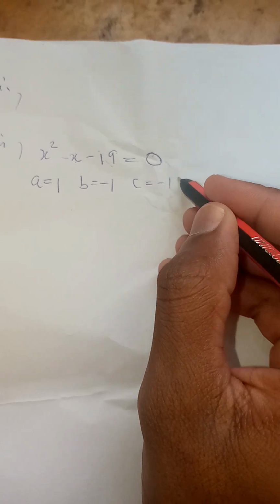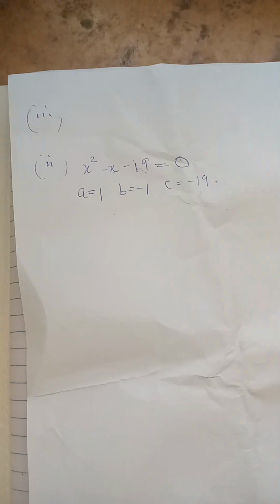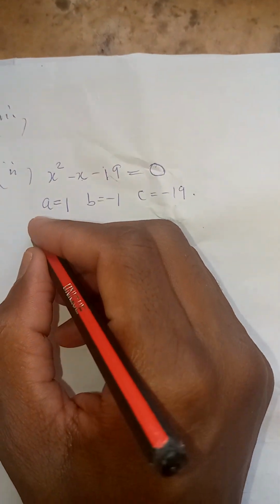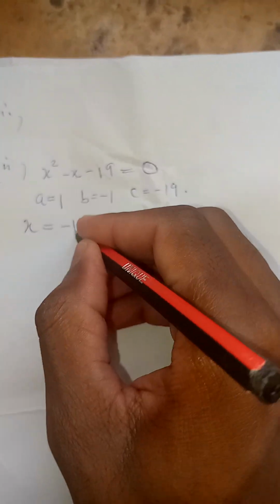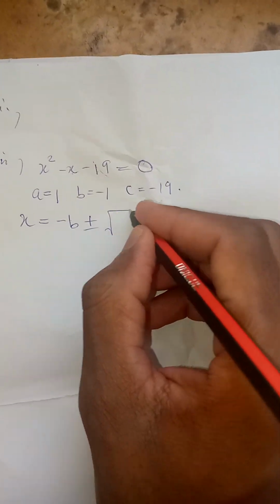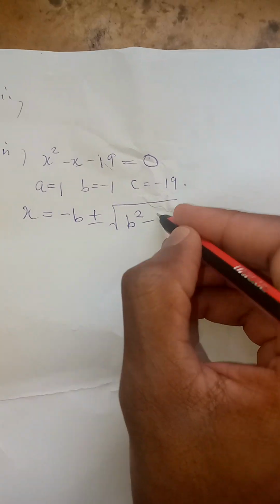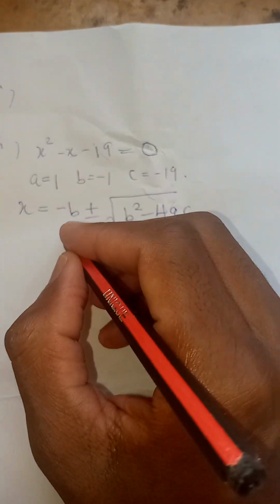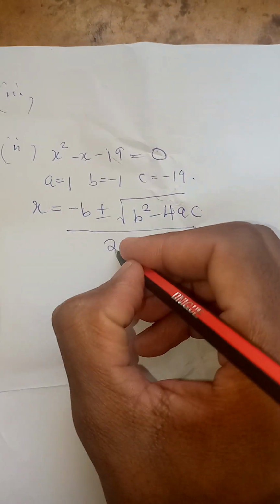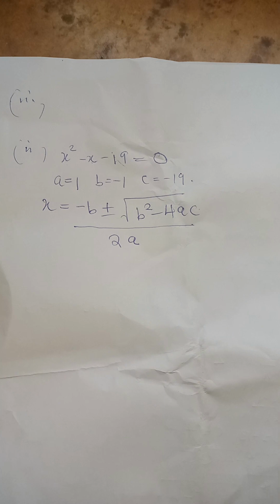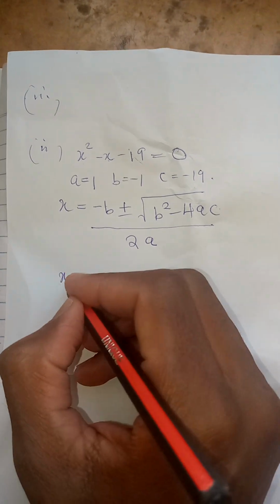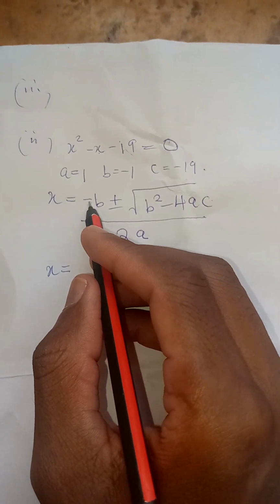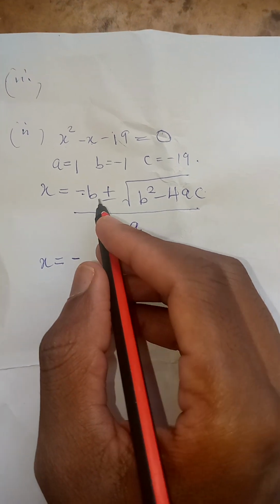So you see, using the same formula, we have x is equal to negative b plus or minus the root of b squared minus 4ac, everything over what? Over 2a. So let's substitute now. We start by writing the negative. Then what is b now?